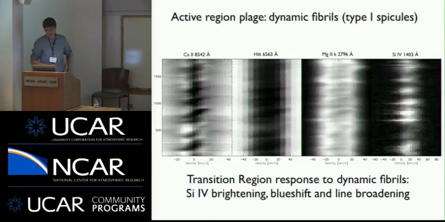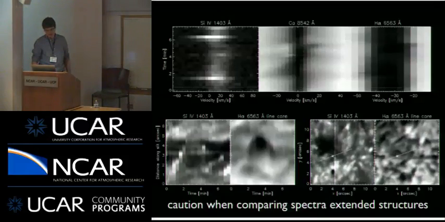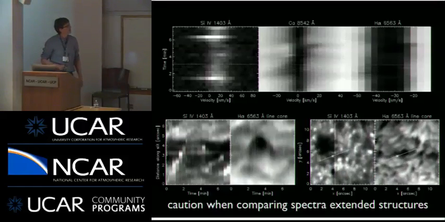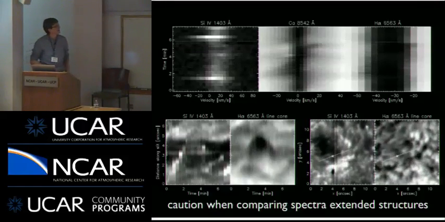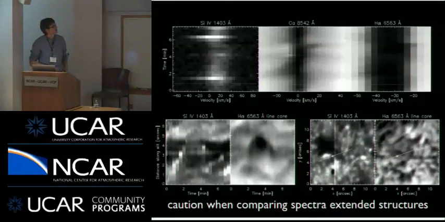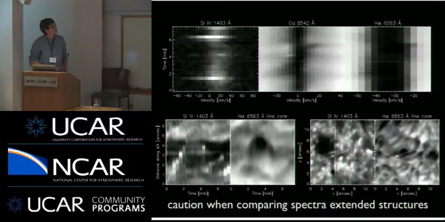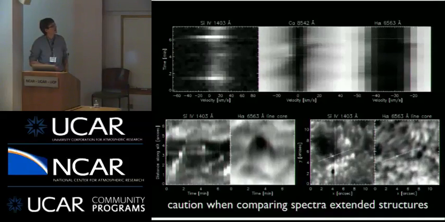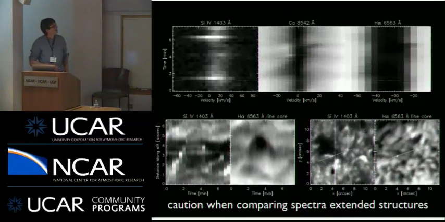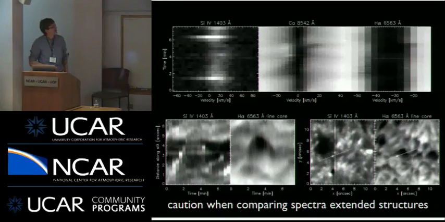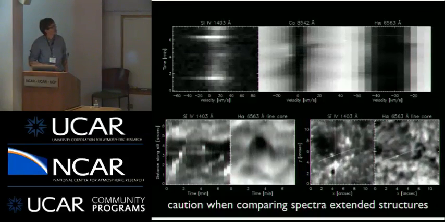Now, it's important to note that you can only do this when you look along the magnetic field. So basically, the dynamic fibril is moving towards you. Because if that's not the case, then you have a problem with the fact that you look for the spectra at one position, but the dynamic fibril is moving across the slit.